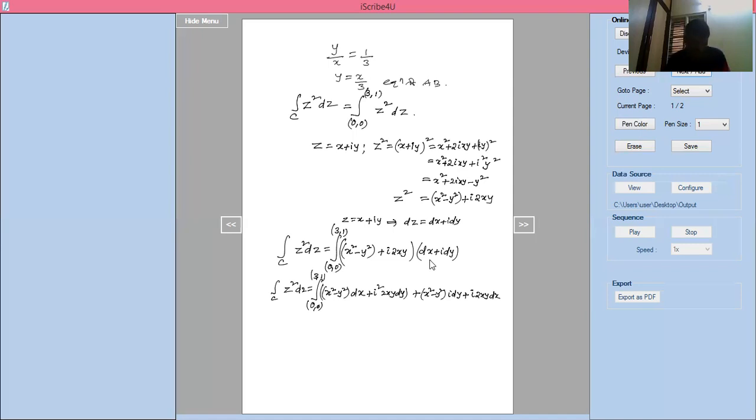Now I can write the integral over C of z squared dz, with limits from (0,0) to (3,1), since both x and y functions are there.